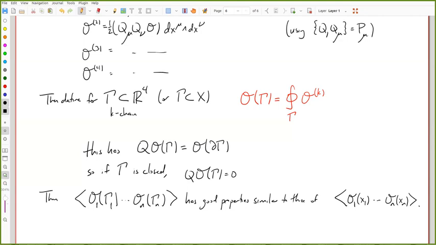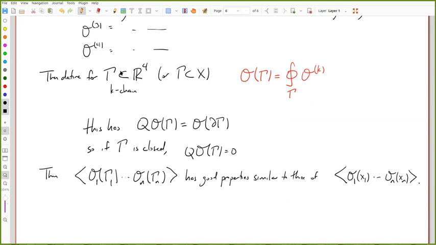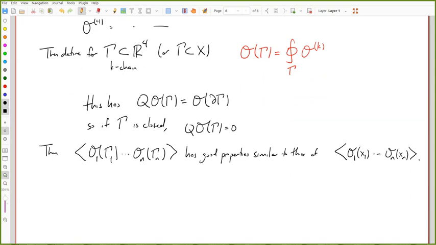And now finally, those are exactly the properties that Donaldson's invariants had. It was a function of a bunch of homology classes on the manifold, and it didn't depend on the actual cycles, it depended on just the homology class. That's exactly what we've got here.